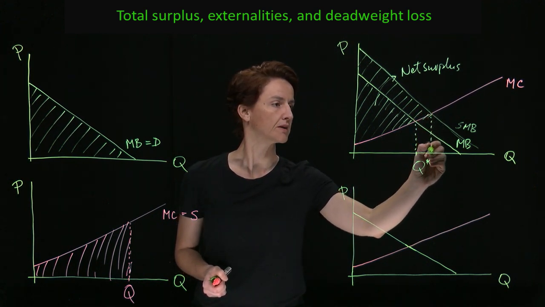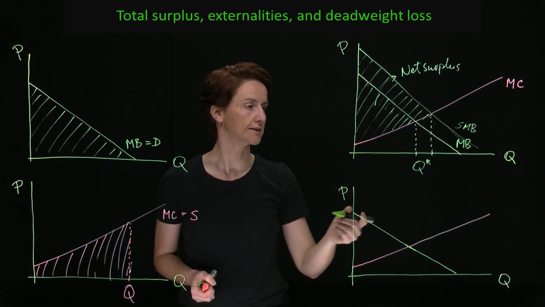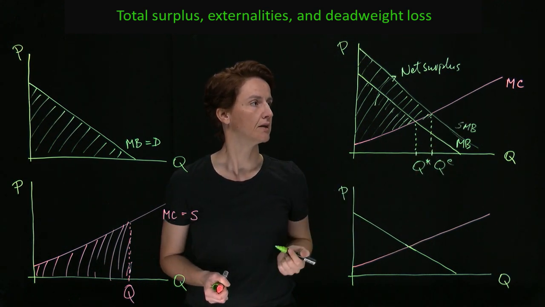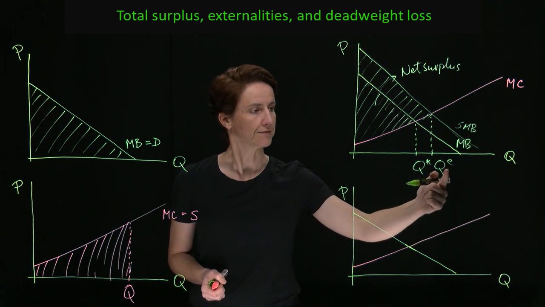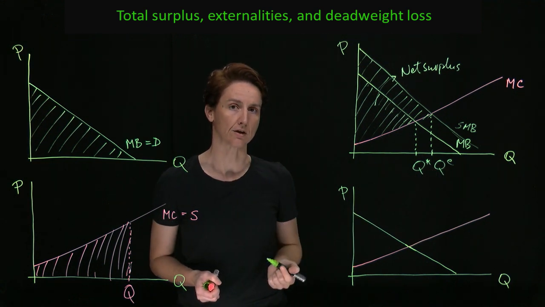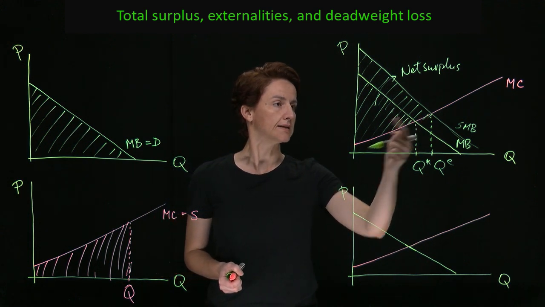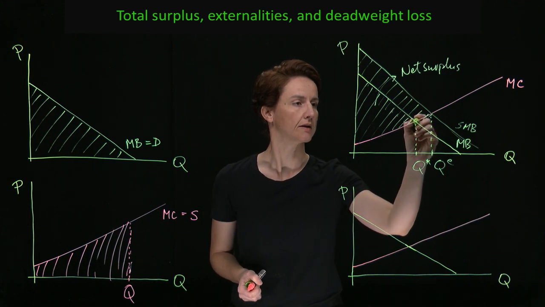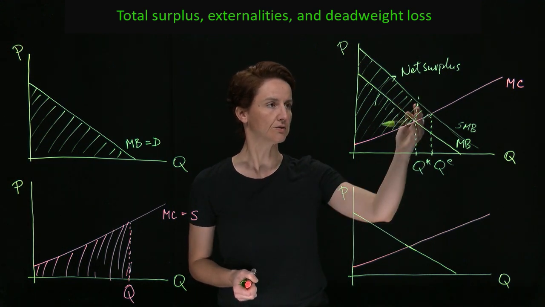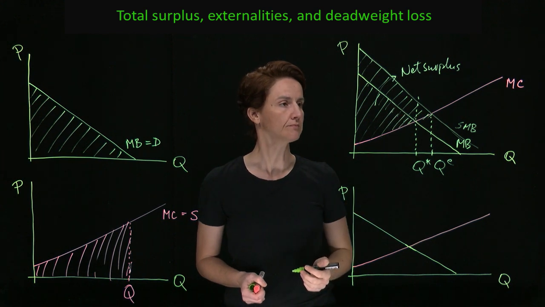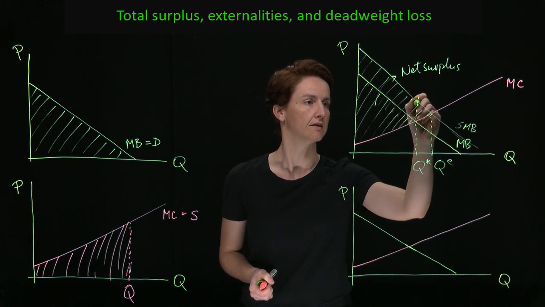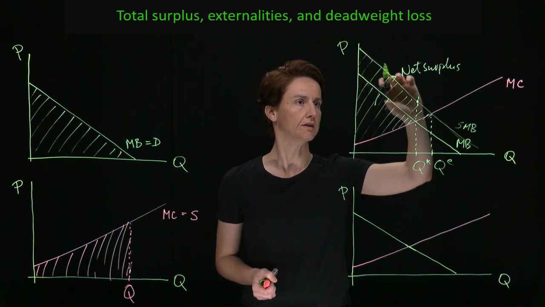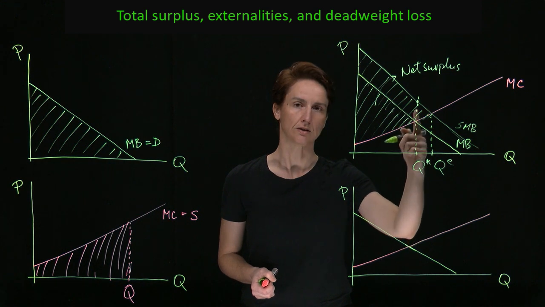And so the way to maximize total surplus if there's a positive externality is by intersecting SMB and MC, and that will be at an efficient quantity QE above Q star. So in this case, if we're only producing at Q star, so if the market is simply allowed to reach its natural equilibrium, then what we'll see is the external benefits created will only accrue for Q star units.